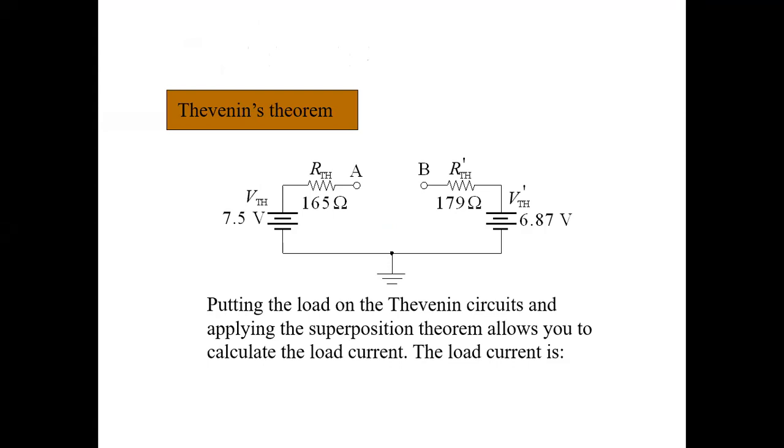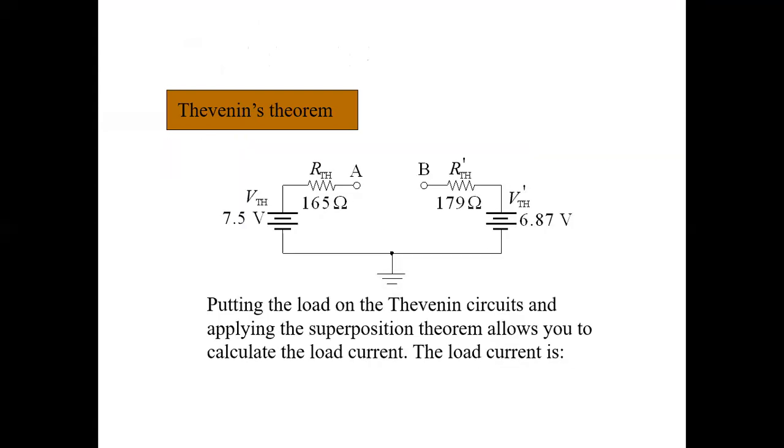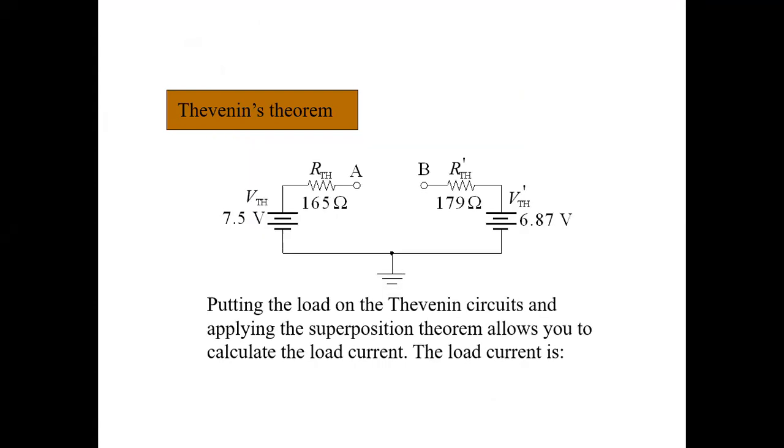Considering A to ground and B to ground: from A to ground the equivalent resistance obtained is 165 ohm, and the voltage drop is 7.5. Here 179 ohm, and the voltage drop is 6.87.